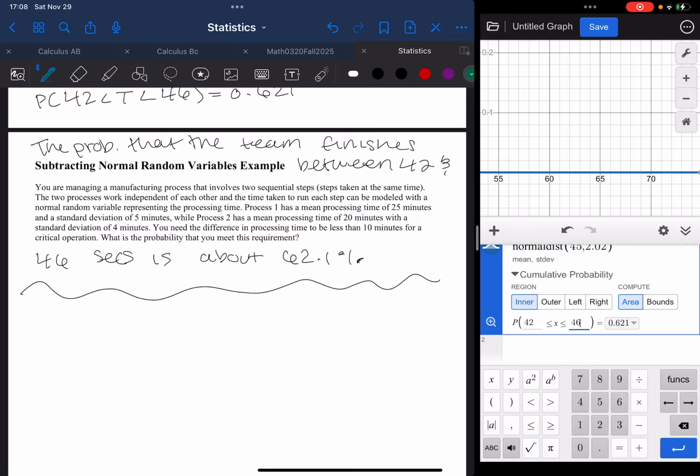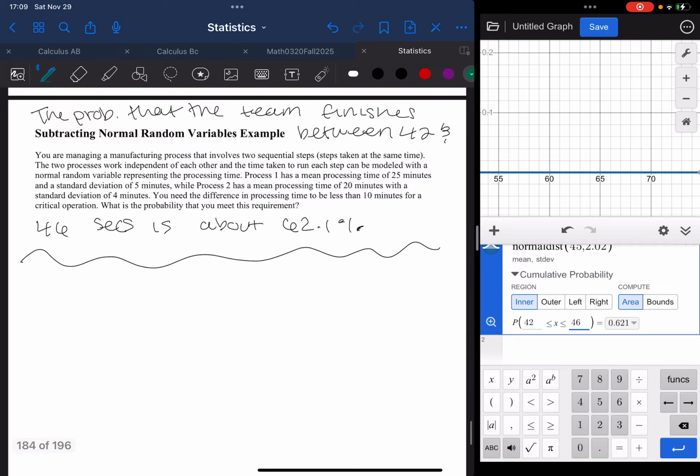The 2 processes work independent of each other, and the time taken to run each step can be modeled with a normal random variable representing the processing time. Process 1 has a mean and standard deviation. Process 2, mean and standard deviation. It says you need the difference in processing time to be less than 10 minutes for a critical operation. What is the probability that you meet this requirement?